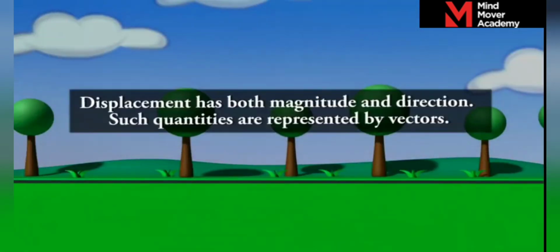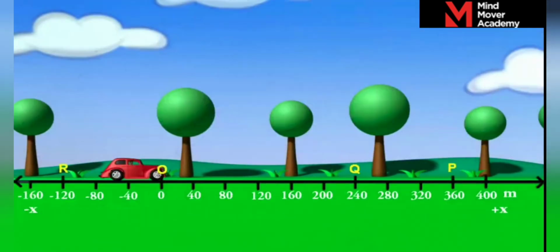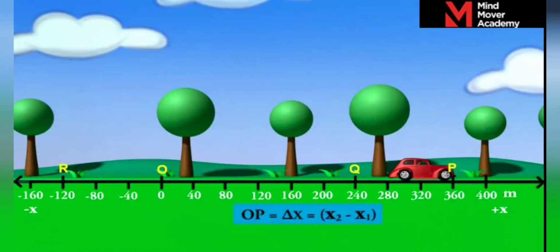Displacement has both magnitude and direction. Such quantities are represented by vectors. For example, displacement of the car in moving from O to P. OP is equal to delta x equal to x2 minus x1 equal to plus 360 meters minus 0 meters equal to plus 360 meters.